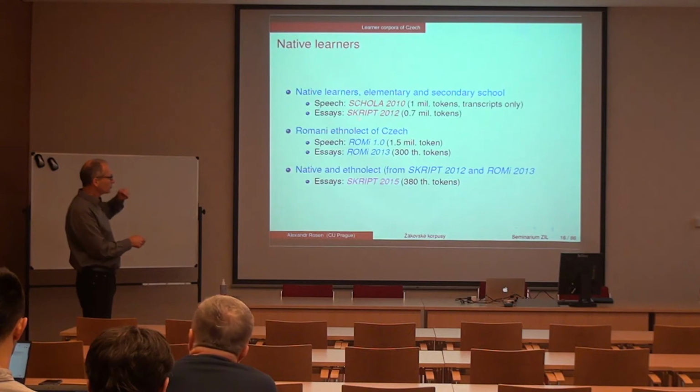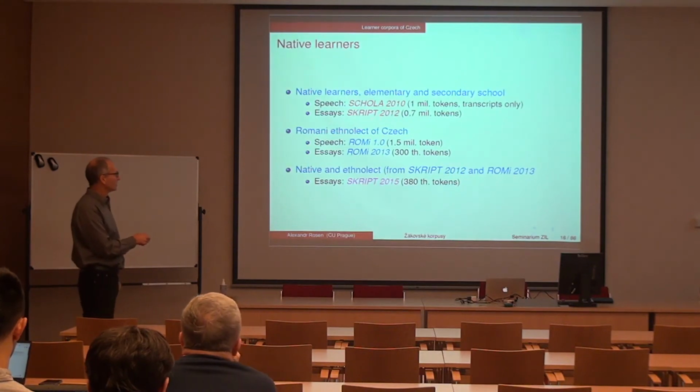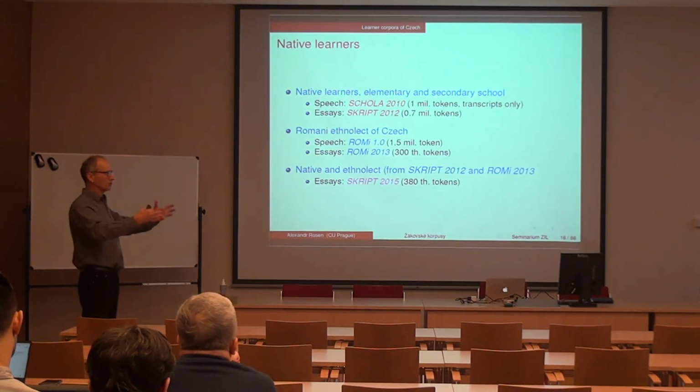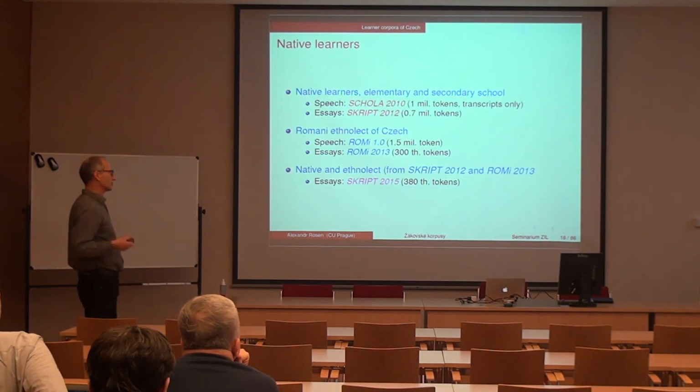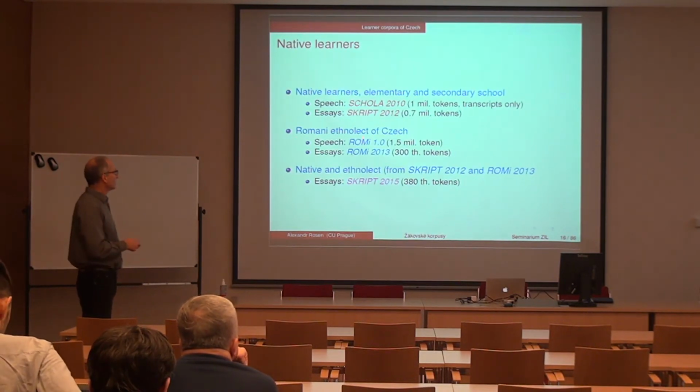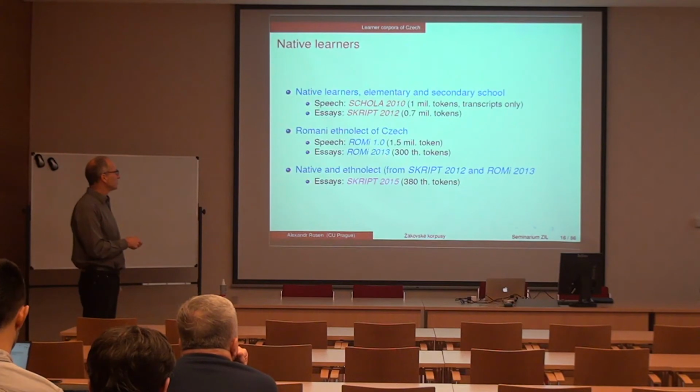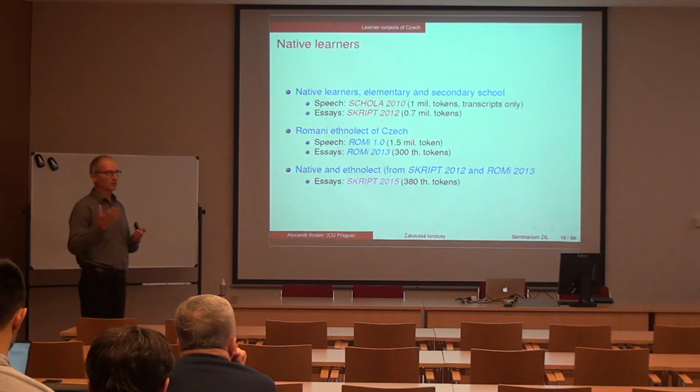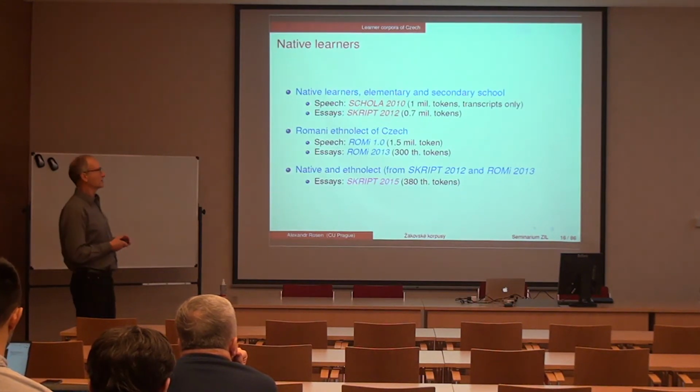The red parts are really online, and you can search in them using context. The same for the parallel corpus. Then you have the one for Romani children, and we have it only for downloading. It's not searchable yet. And then we have something mixed.